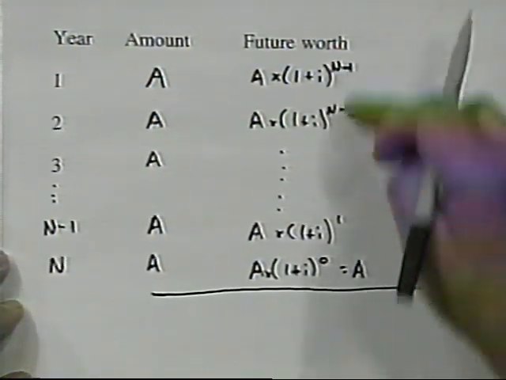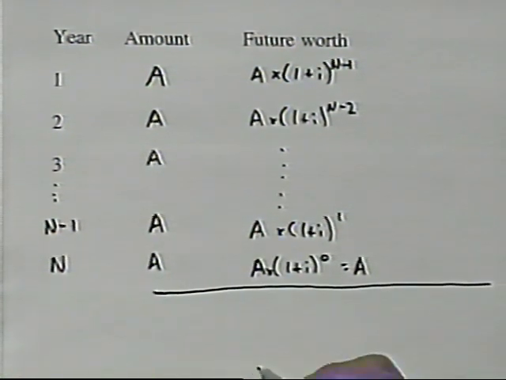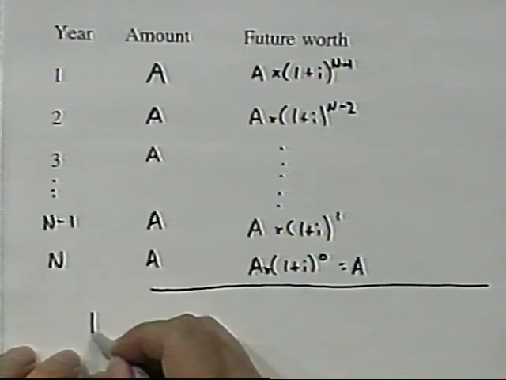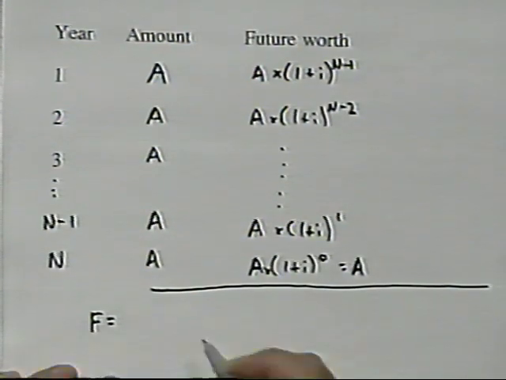And we can total all those future worths up to give us one expression for the future worth of this series of payments, this sinking fund series of payments. So we can add that up, and we get our future worth. And what we get is a kind of an awkward expression. But what we're going to do is simplify it.